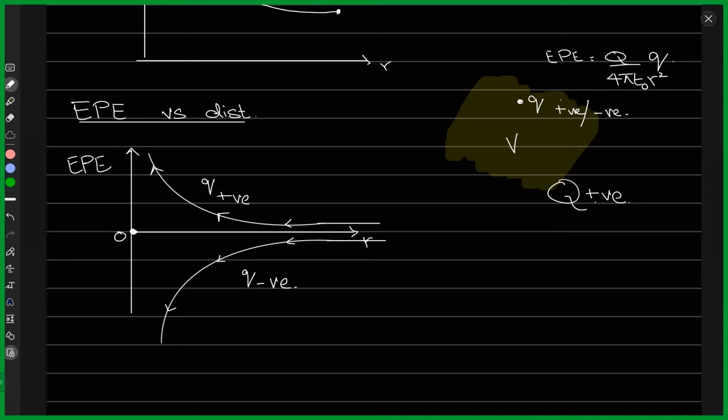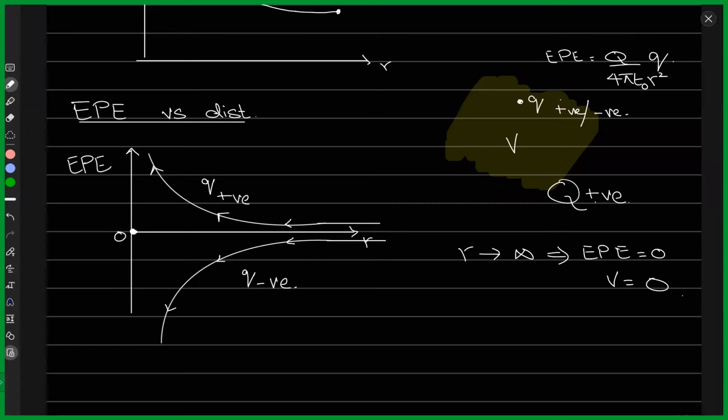So we say that when r is infinity, the electrical potential energy is 0, which means essentially that the potential is also 0. This is the reason that we say that at infinity, our potential is taken to be 0.